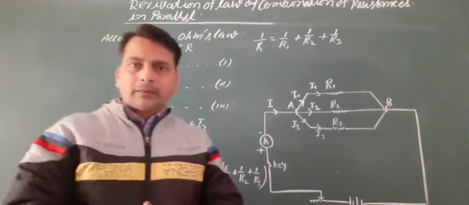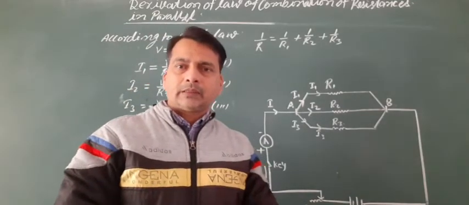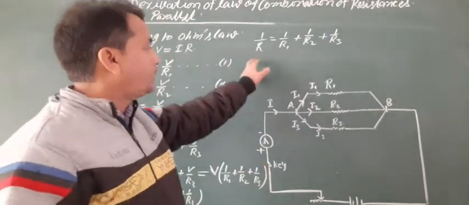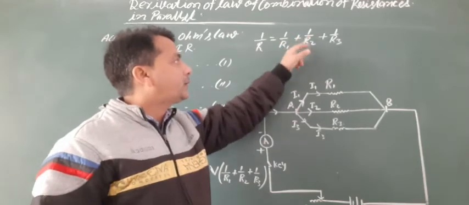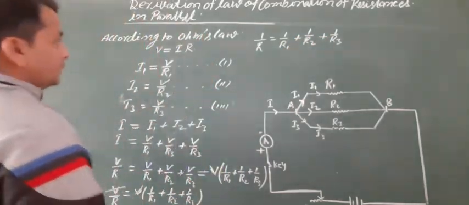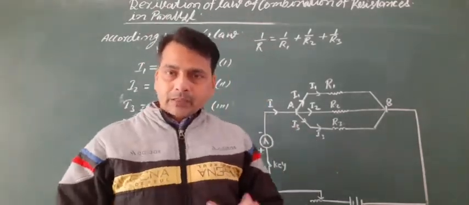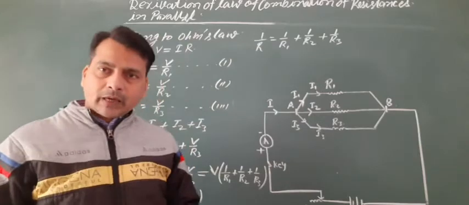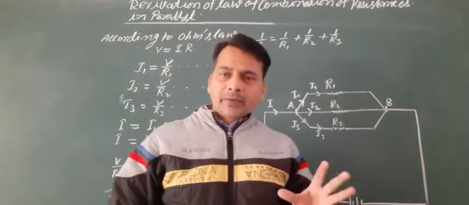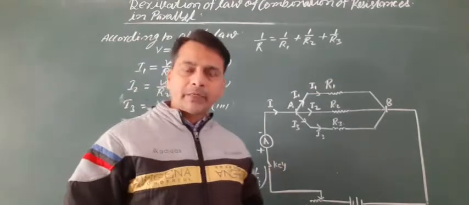This is the equivalent resistance: 1 by R equal to 1 by R1 plus 1 by R2 plus 1 by R3. So it is clear that if the resistors are used in a circuit, the combination of the resistances in the circuit is a parallel combination.